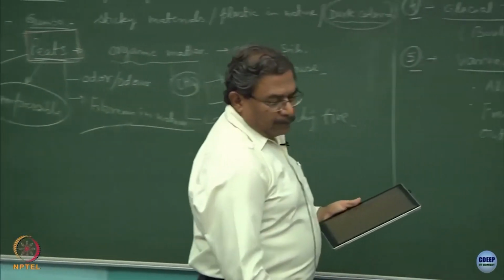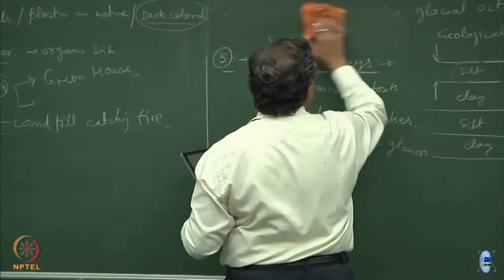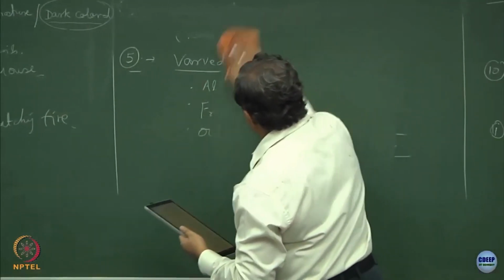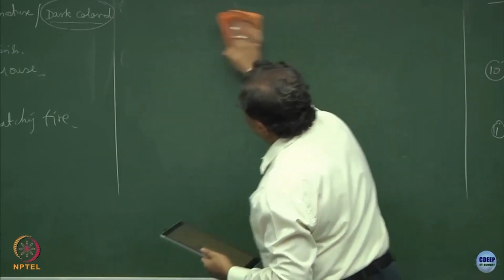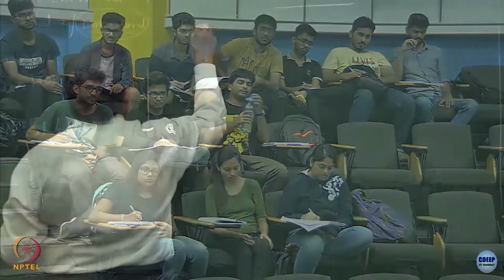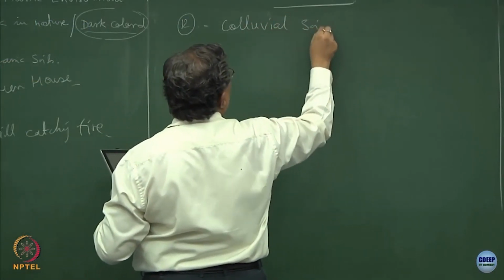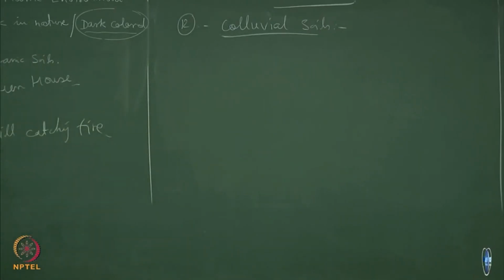There is another category of the soils which is known as colluvial soils. Check it in the dictionary, what is the meaning of the word colluvial. The other day we were talking about alluvium, now it is colluvium. What is the meaning of the word colluvium?